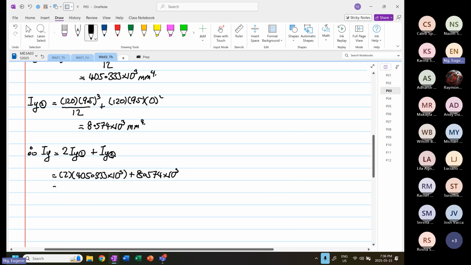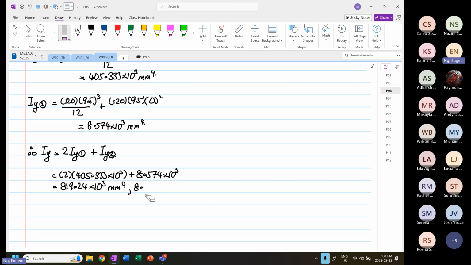This will give us 819.24 times 10 to the power 3 millimeter 4, or 819.24 times 10 to the power minus 9 meter 4.